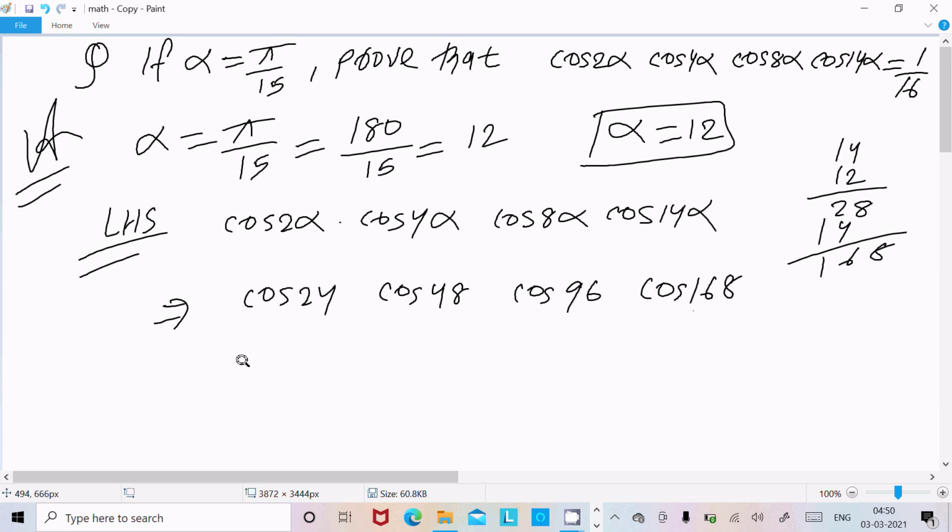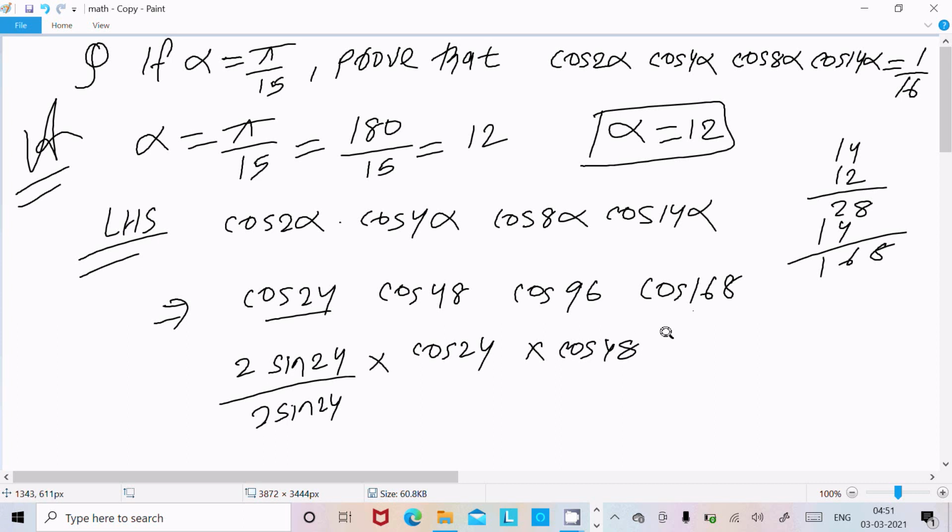Now if I multiply here 2 sin 24 divided by 2 sin 24, and write cos 24, cos 48, cos 96, cos 168.